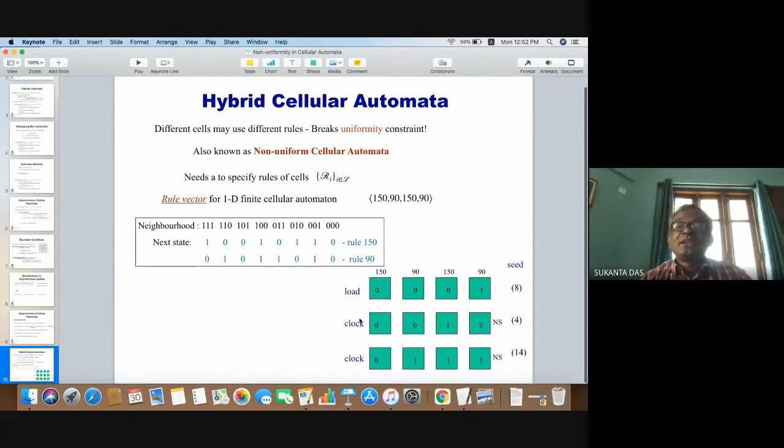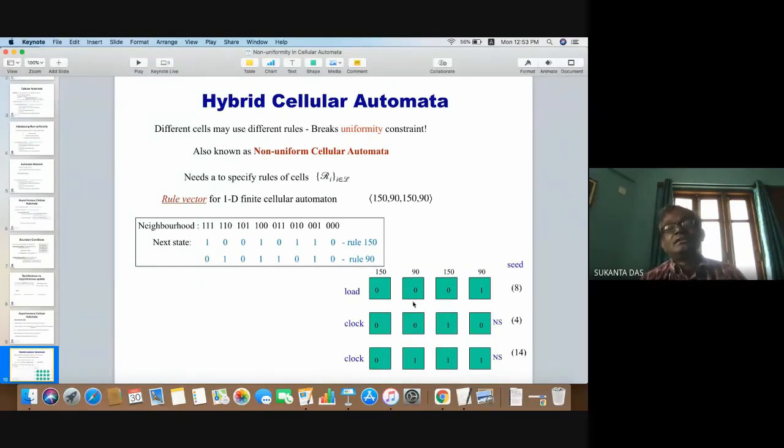So in this way, when I update a cell, I have to consider which rule that particular cell is using. Classically, we need not look at any particular rule because all the cells are using the same rule. But here we have to consider the rule on which the cell is working.